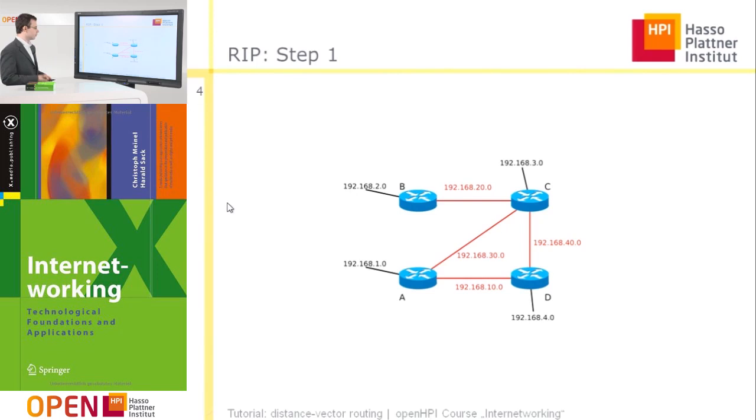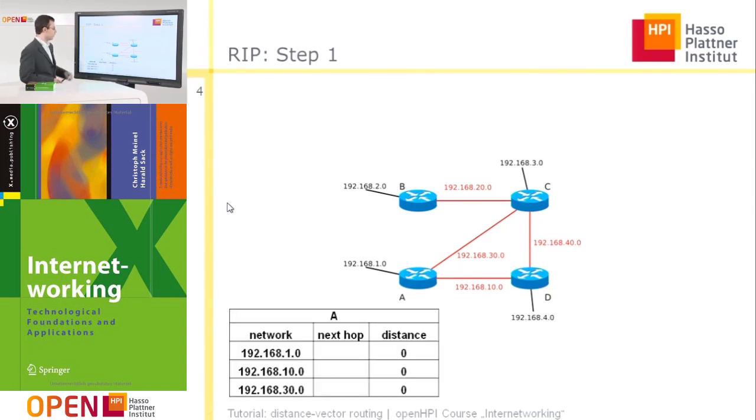First of all, when routers are enabled, they add to the routing tables information about directly connected networks. For example, router A has 3 networks directly connected: 192.168.1.0 and 10.0 and 30.0.